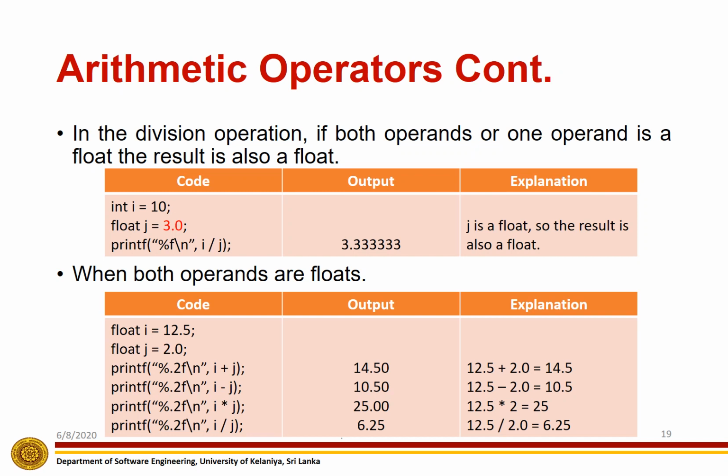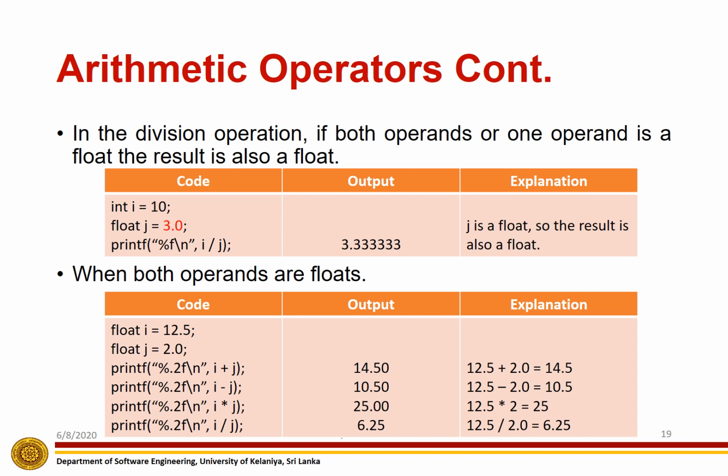As you can see in the example, int i equals 10, float j equals 3.0, i divided by j, 10 divided by 3.0, so the answer is 3.33333. j is a float value, so the answer is also a float value. Here there are 6 decimal places because in the format specifier we didn't give any number of decimal places that we want, so it gives the default number of decimal places.